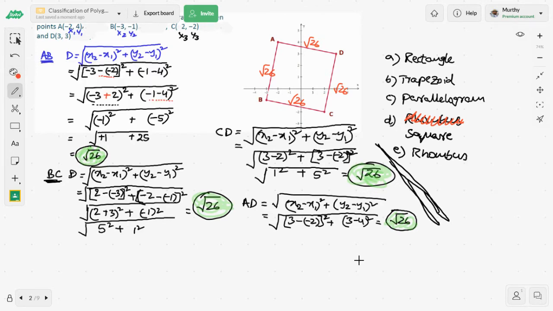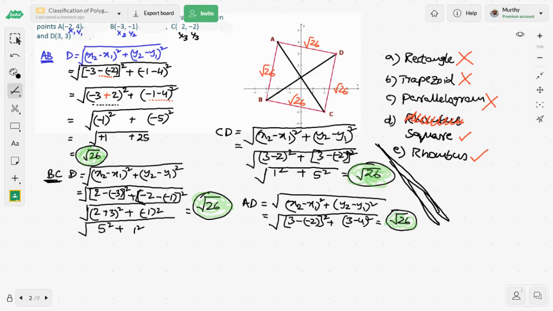we know that it is not a rectangle and it is not a trapezoid, it's not a parallelogram, and in a square I know that all the four sides are equal, and in a rhombus all the four sides are equal. In such case, you have to go an extra mile and compute the length of the diagonal AC and the length of diagonal BD.